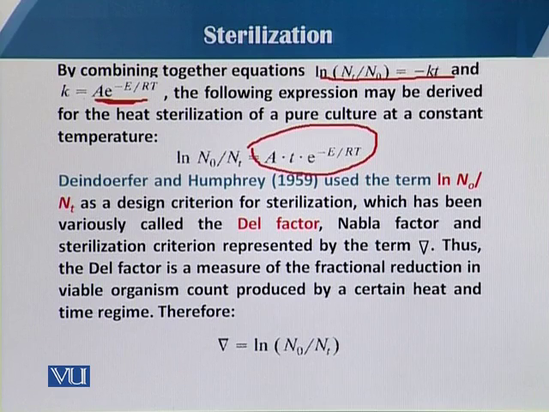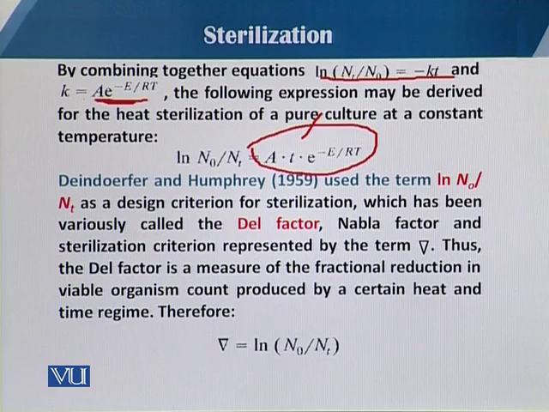You can easily see the term A and E here. According to Deindoerfer and Humphrey, 1959, they use the term ln(N0/Nt) as the design criterion for sterilization.